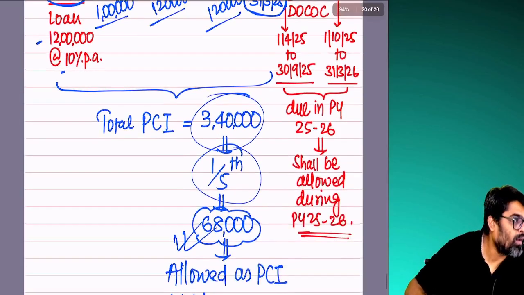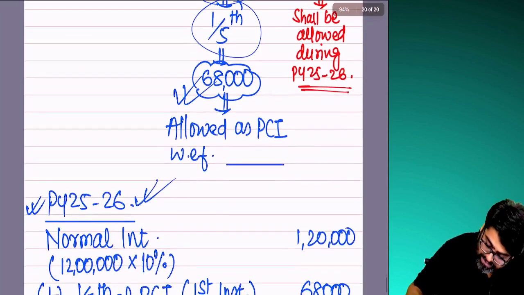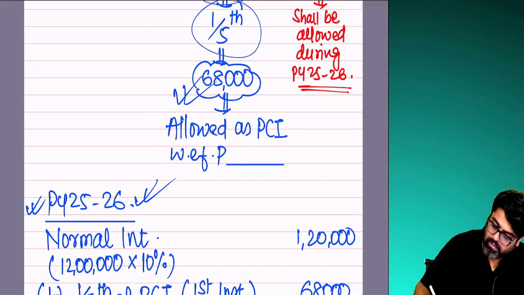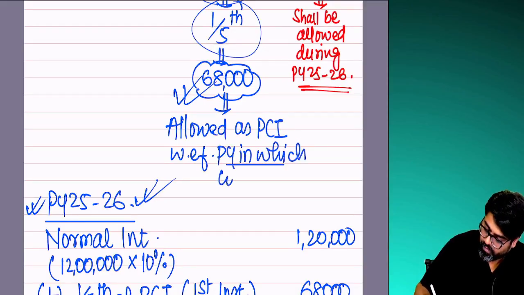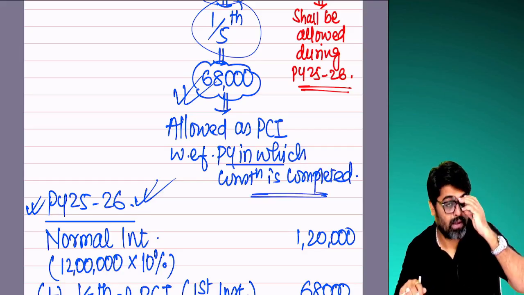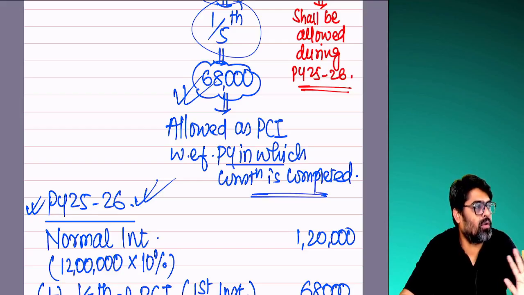But in 5 equal annual installments starting from the year in which construction is completed. Starting from the year in which the construction is completed. Will you remember this? Yes or no?